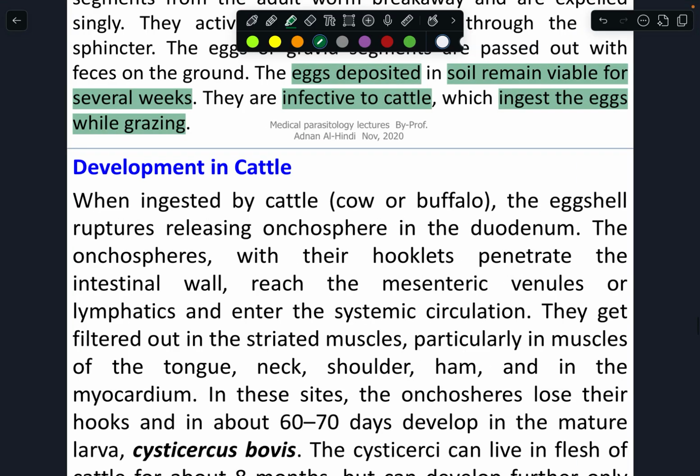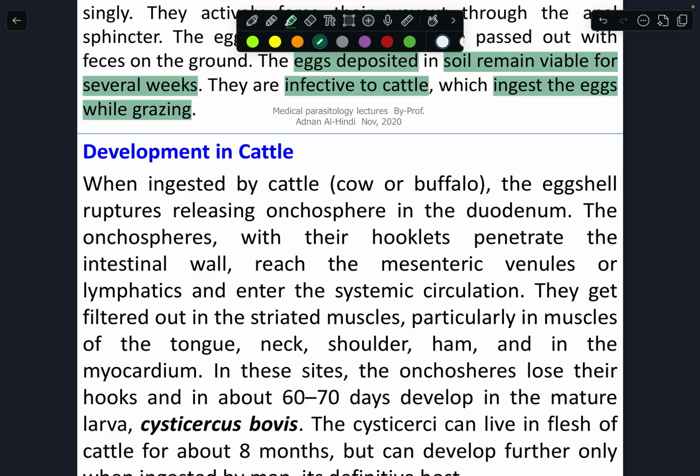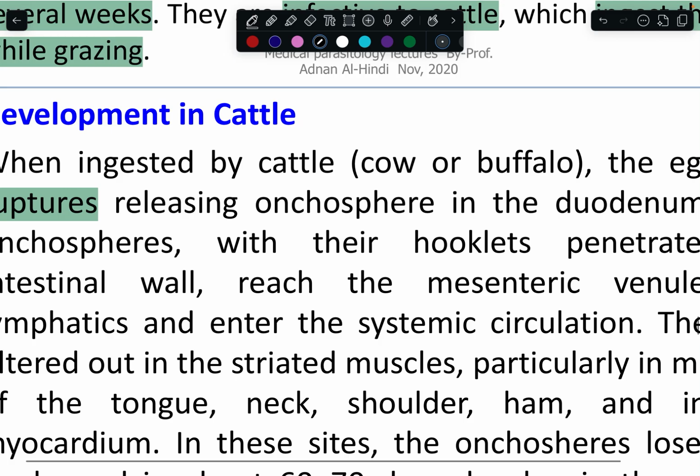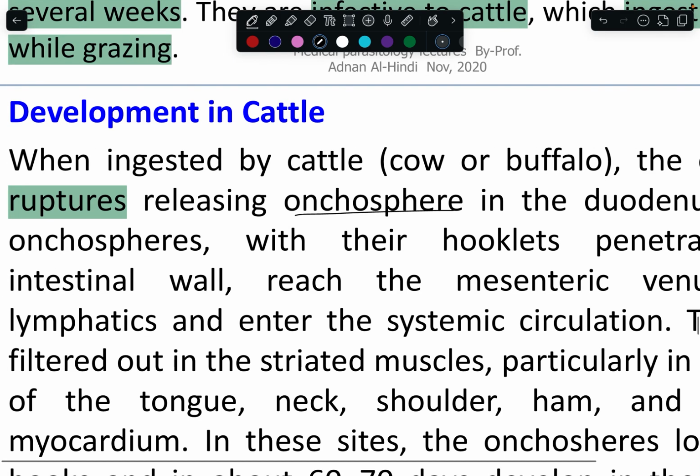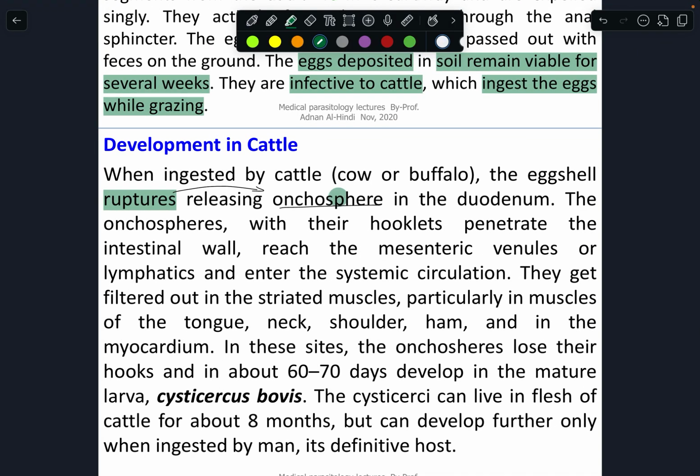Development in cattle. When ingested by cattle, cow or buffalo, the eggshells rupture, releasing the oncosphere in the duodenum.